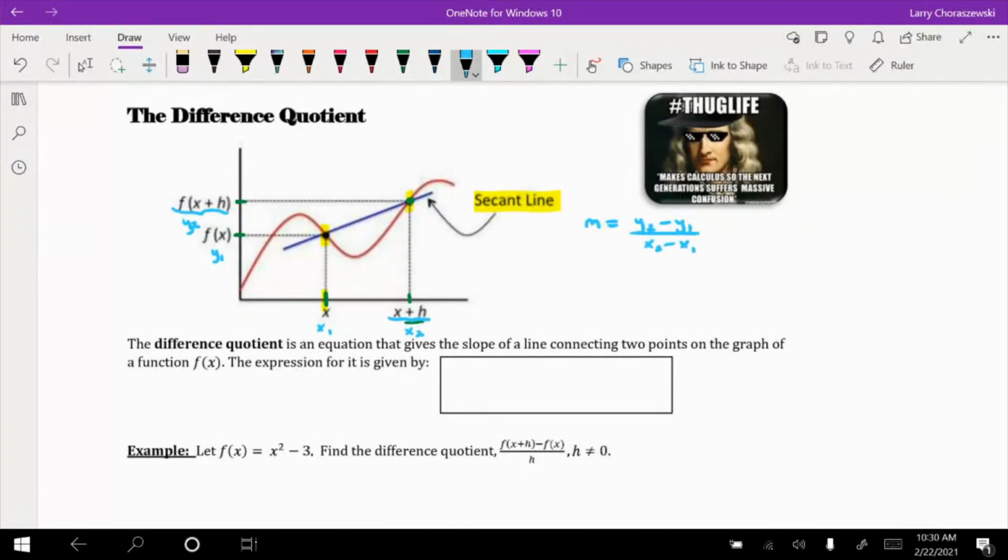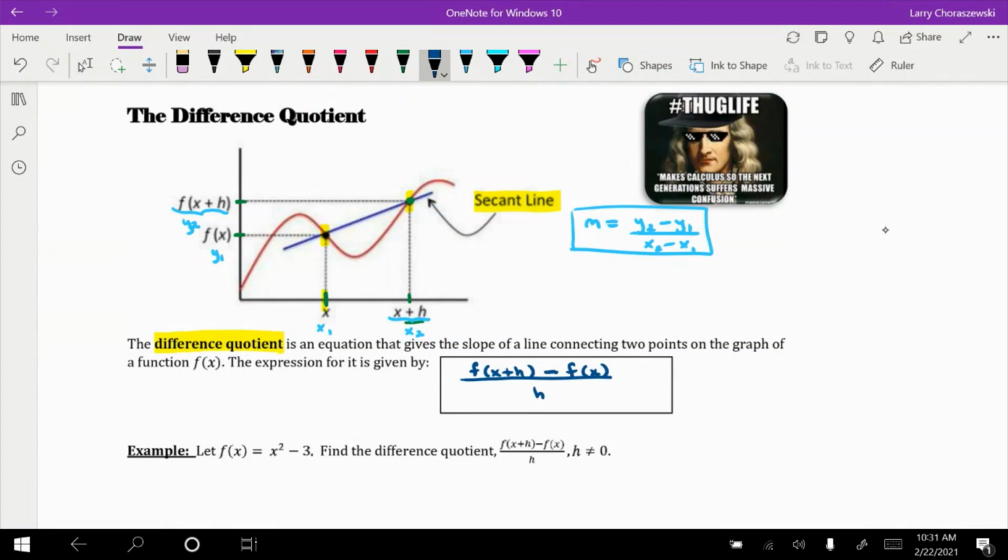And if we plug all this into our original formula for slope, we get an expression for what's called the difference quotient. And it goes something like this. F of x plus h minus f of x, and all that is on top of the letter h.